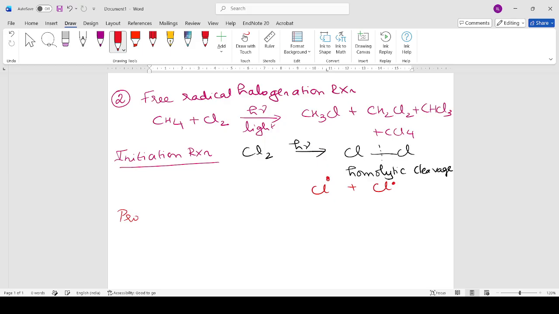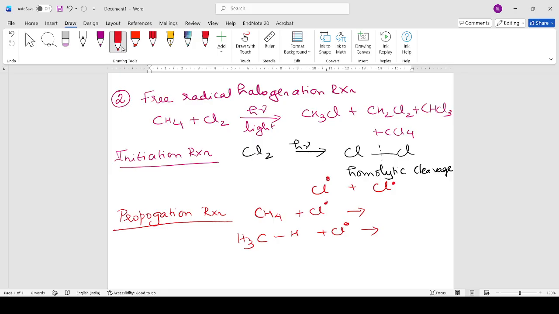And the next reaction is called the propagation reaction, where I have methane, CH4 here. So this chlorine, Cl dot, is coming for propagating it. So I have CH4 and Cl dot is there.